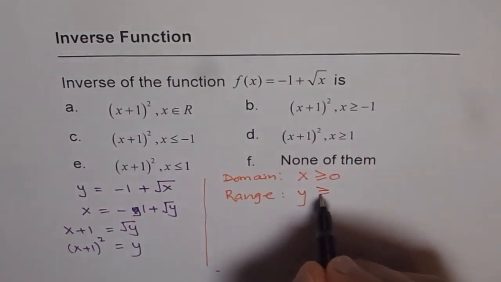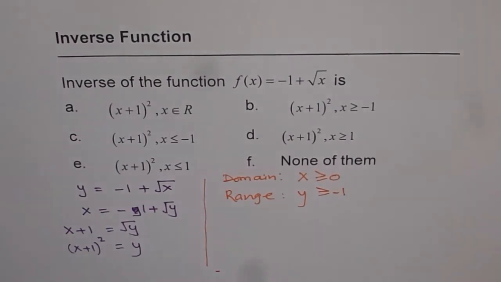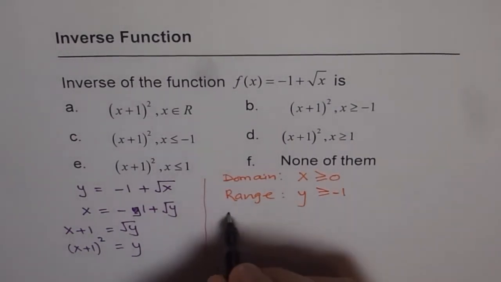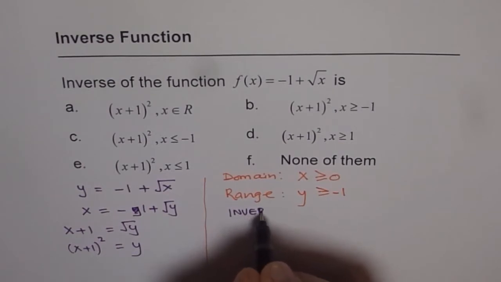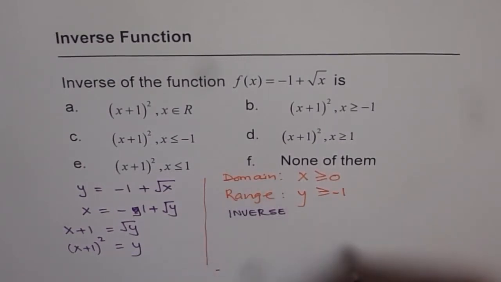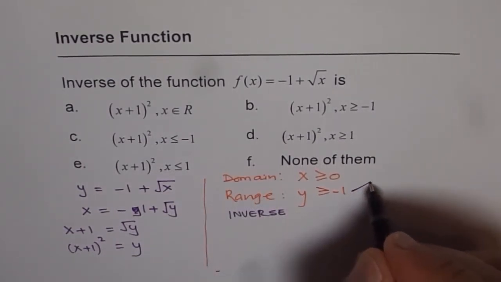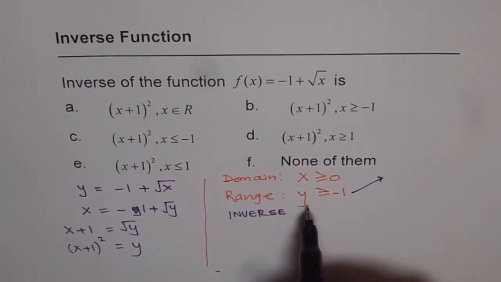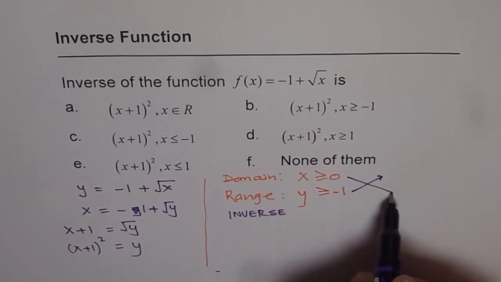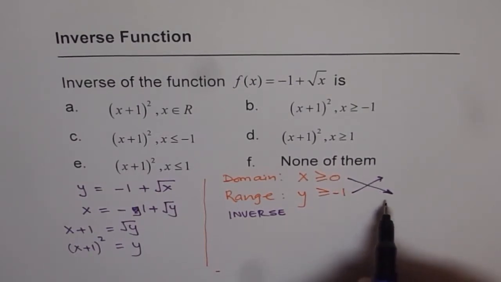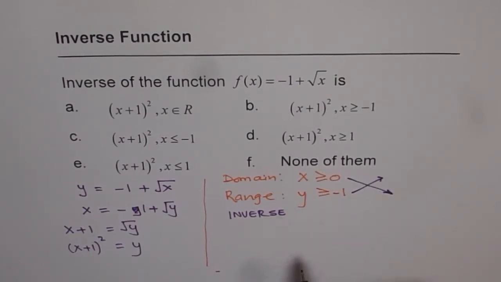So y is greater than or equal to minus 1. Now when you do the inverse, what happens? Domain and range swap, right? So the domain of the inverse will become x greater than or equal to minus 1, and the range will become y greater than or equal to 0.